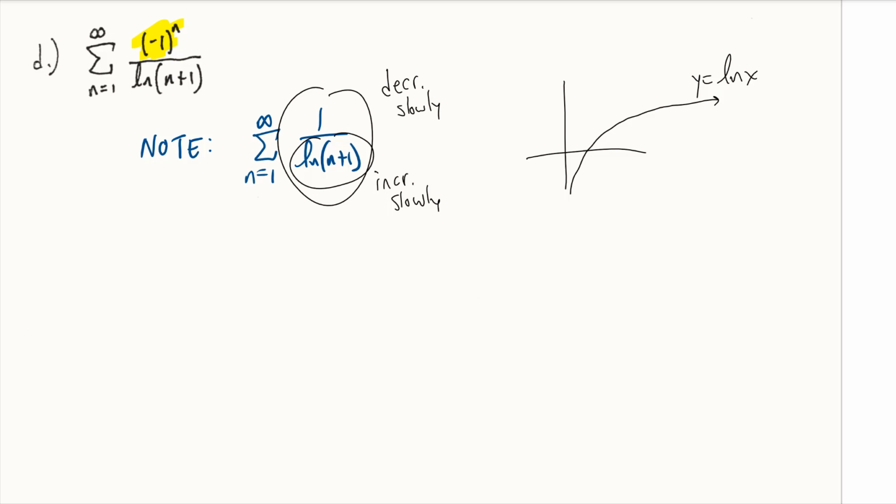Now you could. I'm not going to say don't gamble, but I'm not going to. So my gut is that if these were all positive terms, this thing's going to diverge. So I would just do the alternating series test. So the limit as n goes to infinity of 1 over the natural log of n plus 1 does head to 0. So all right.